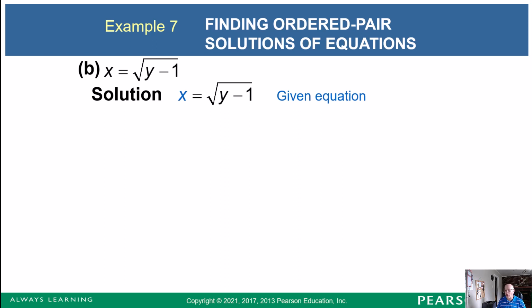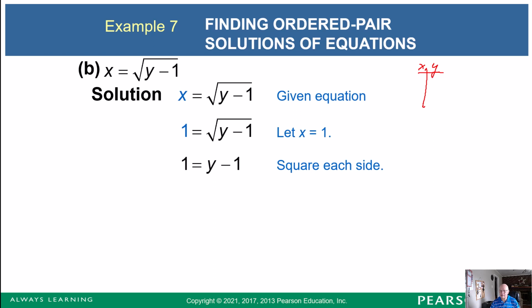This one, I hope, doesn't throw you off too badly, but you still want to do the same thing. You want to order the pairs. Now, if you're crafty, you're going to pick y values such that after you subtract 1, you have a perfect square. That makes things much easier. So if we let x be a 1, we can solve for y.